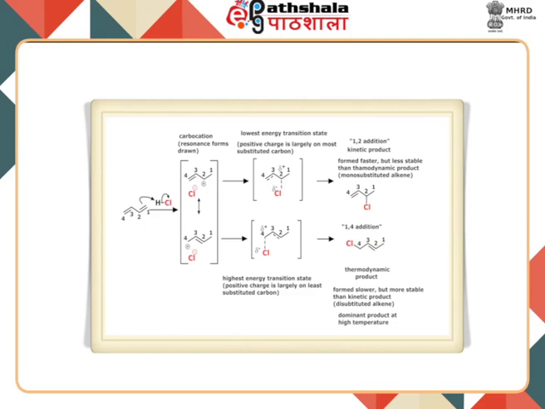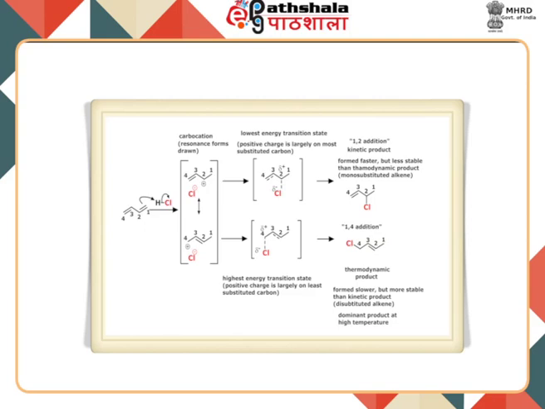1,3-butadiene. When it reacts with HCl, two types of carbocations are formed which are in resonance with each other. In one case the positive charge is at the second carbon, and in the other case the positive charge is at the fourth carbon.